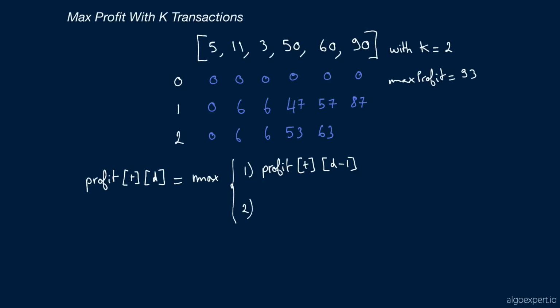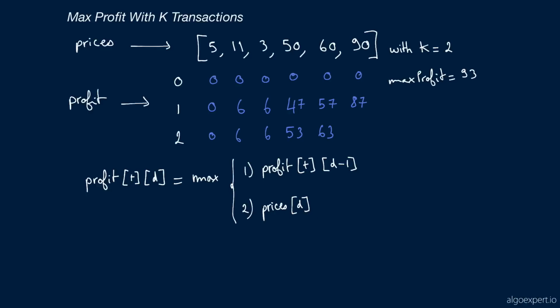Well, first of all, if we sell here at the 90, we're going to make $90, or in other words, we're going to make prices of D. For the sake of good order, let me just put an arrow that says that this array, our original array, is called prices, and our table is called profit. So prices at index D, this $90, we pocket it. So we're adding it to this formula.